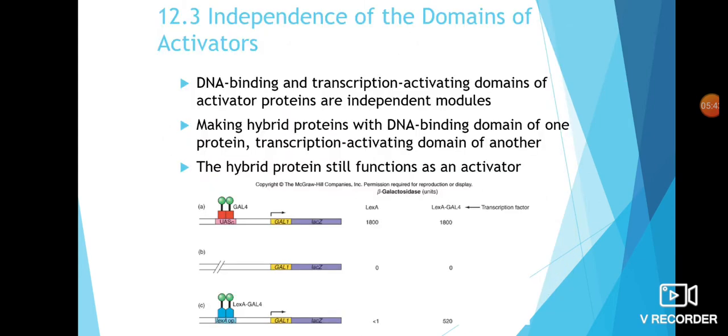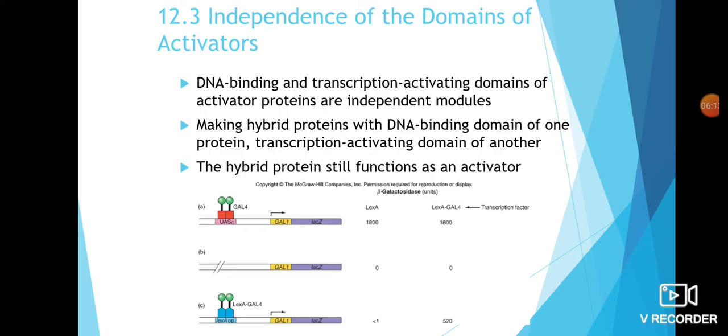Okay, the same thing from another book. We are seeing the same thing in the diagram, where LacZ is the reporter gene, which is under the GAL1 promoter, and upstream is the UAS, the upstream activating sequence, where this GAL4 protein with its DNA binding domain as well as activating domain is binding properly and the transcription level is very high.